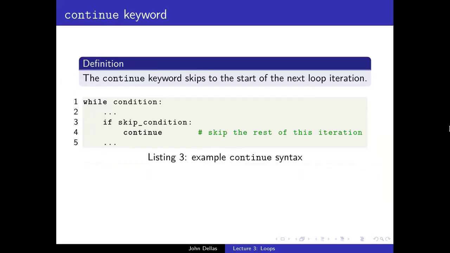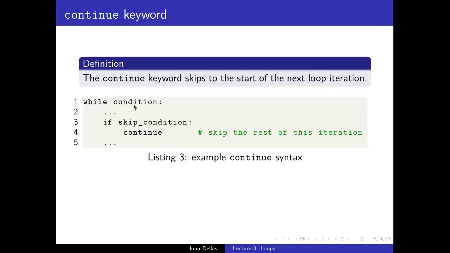The behavior of these keywords is kind of in the name, right? Whereas the break keyword lets us leave a loop entirely, if we ever want to write a while loop such that if we encounter some condition, we skip the rest of the execution of this iteration of the loop and go to the start of the next one, then that's what the continue keyword is for.